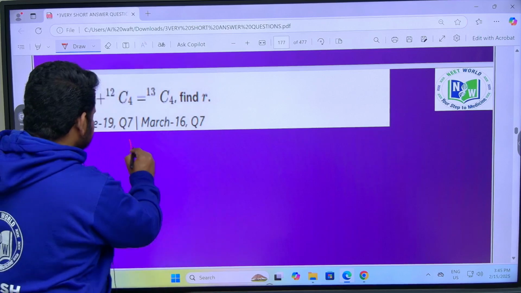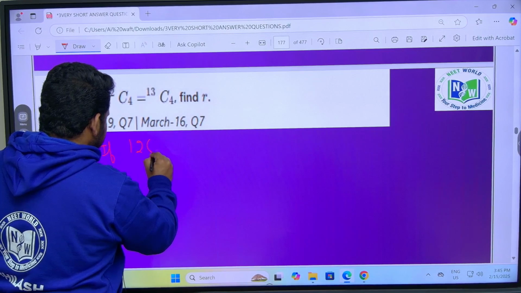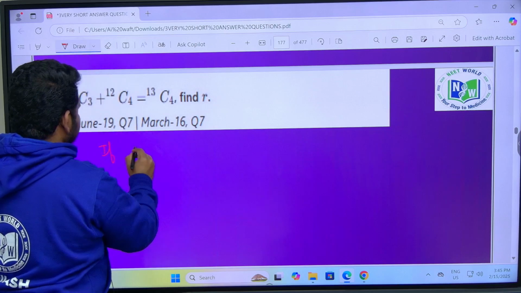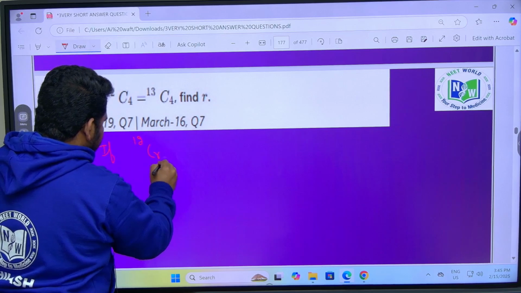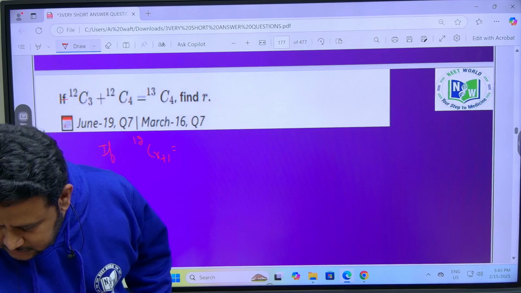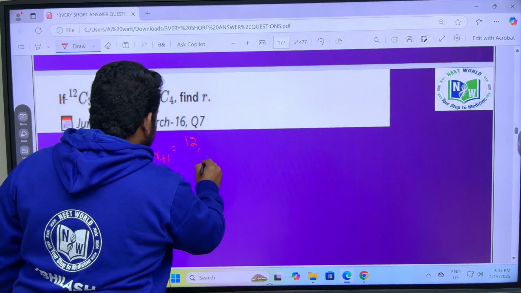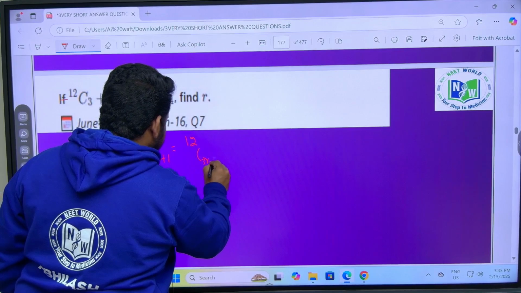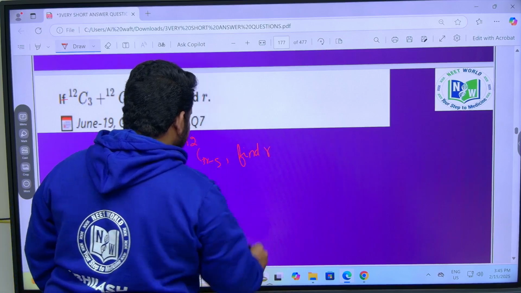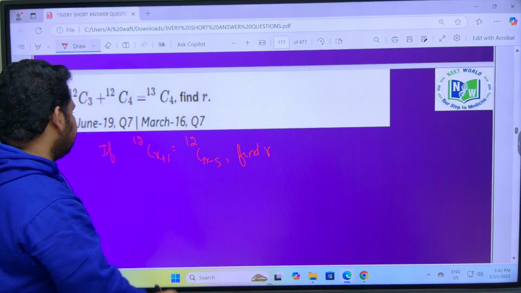The question is, if 12C(r plus 1) is equal to 12C(3r minus 5), they are asking us to find r.